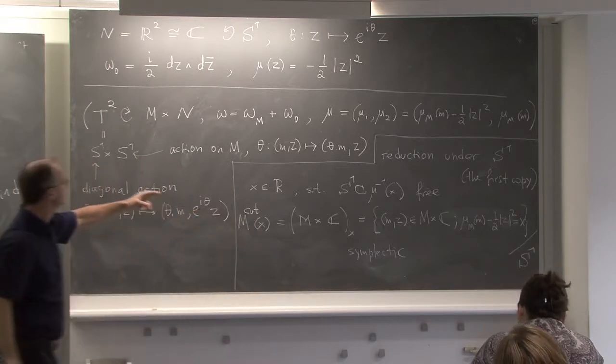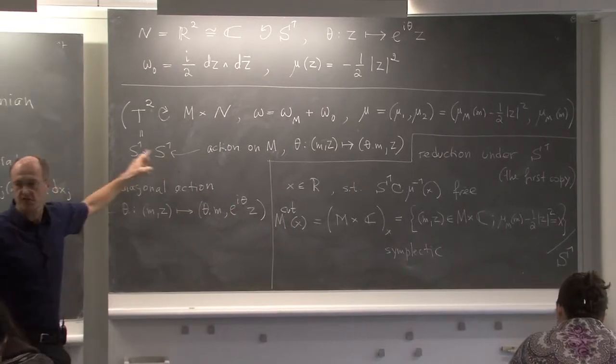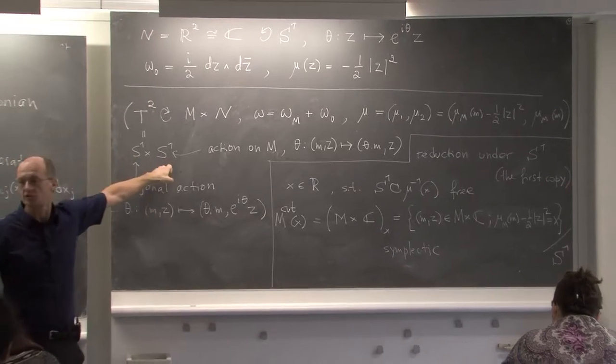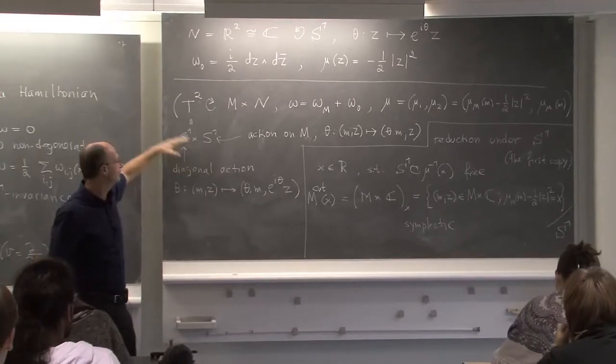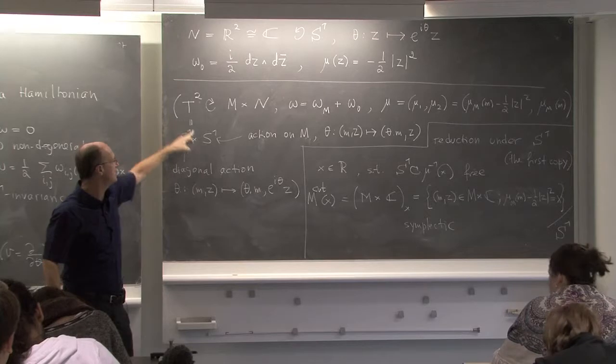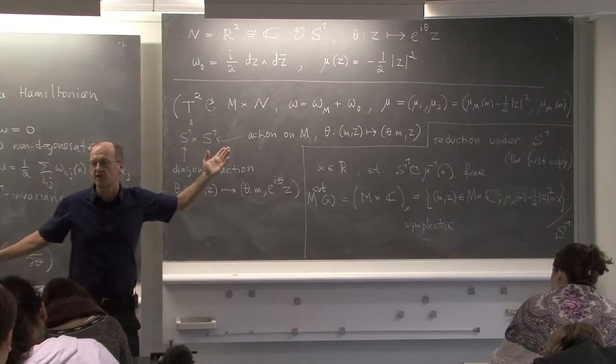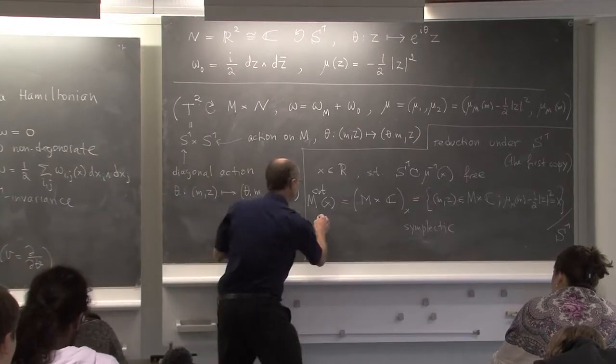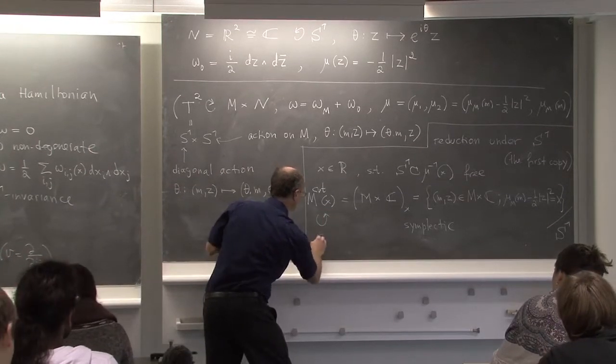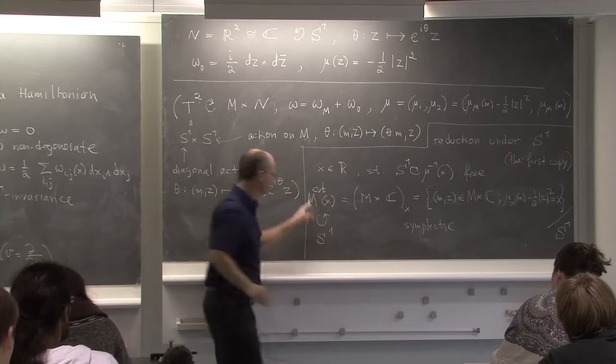And recall, we started with something which had an S1 cross S1 action. We now did reduction under the first S1. The second S1 still acts happily. So this means that, in fact, this will be an S1 space.